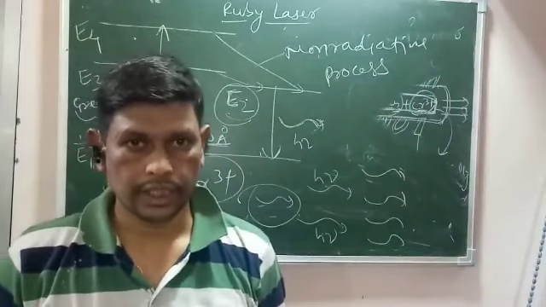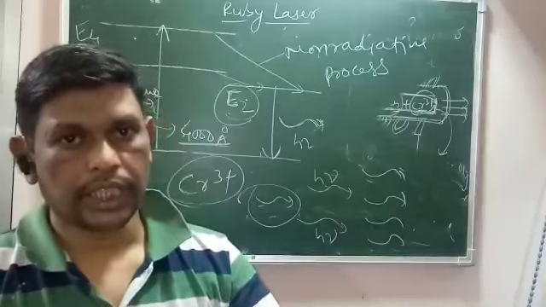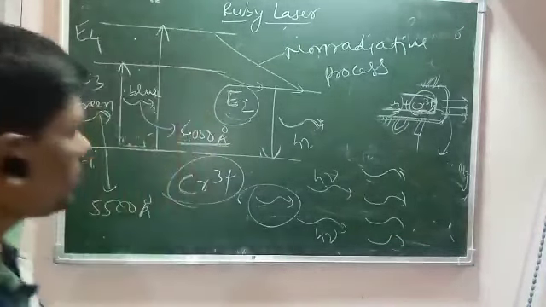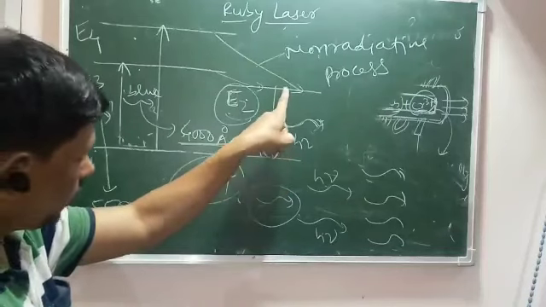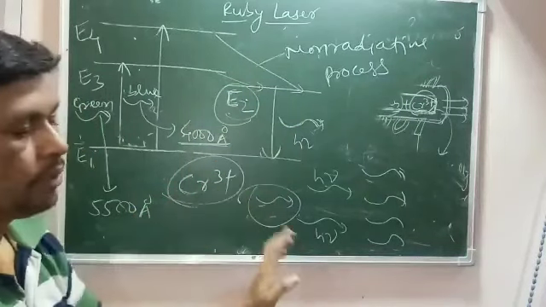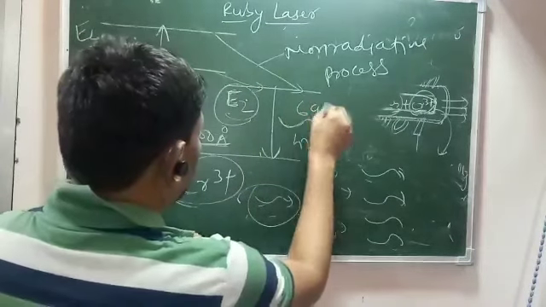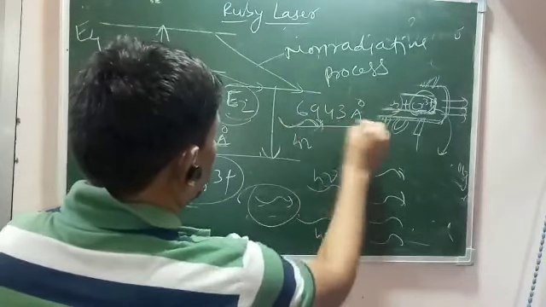So, by the definition of the laser, we can get a prominent laser pulse, and the wavelength of the spontaneously or stimulated emitted particle is around 6943 angstrom, which corresponds to red color.